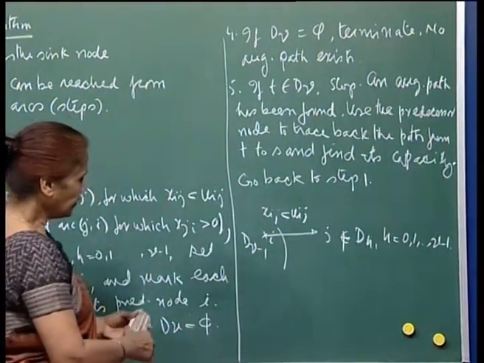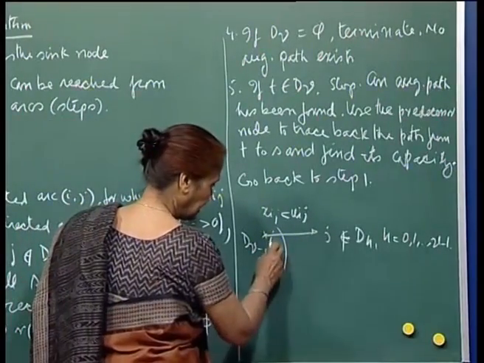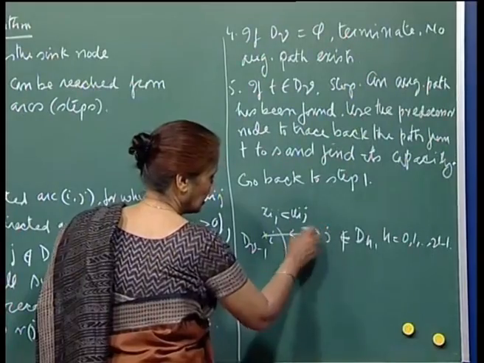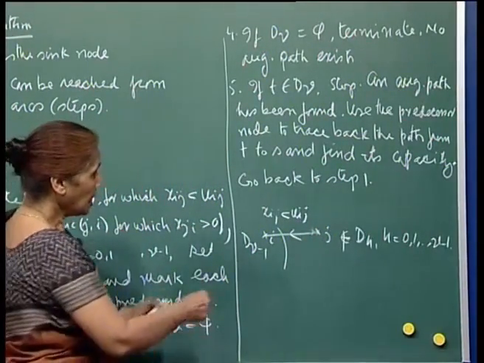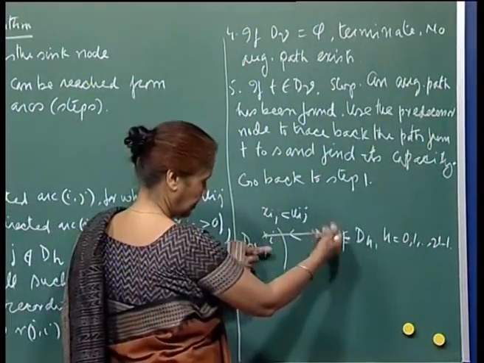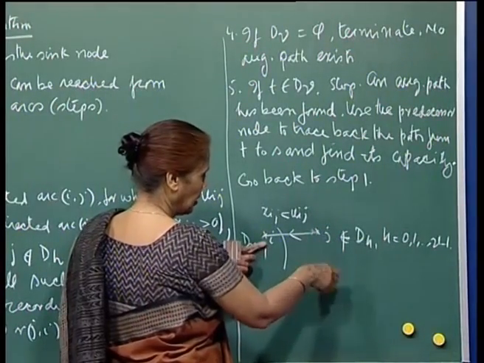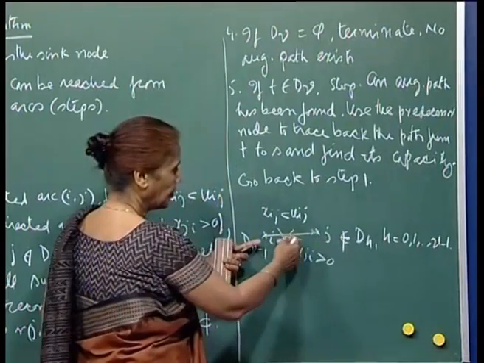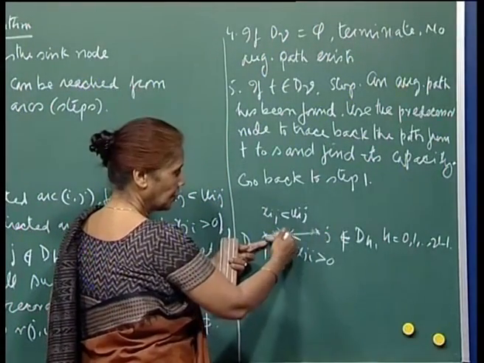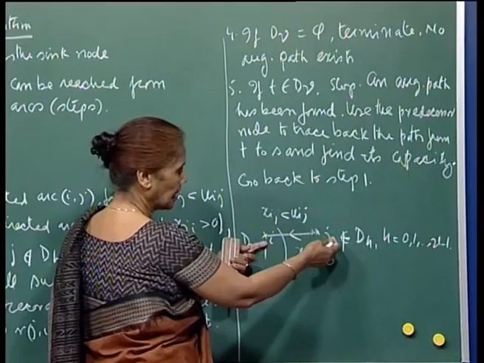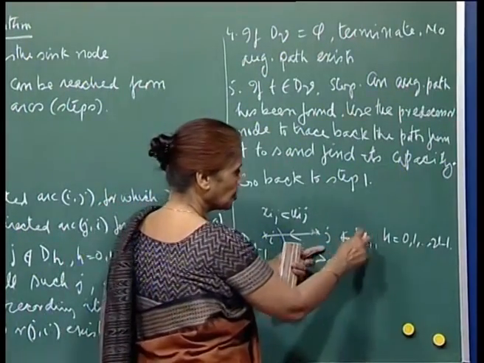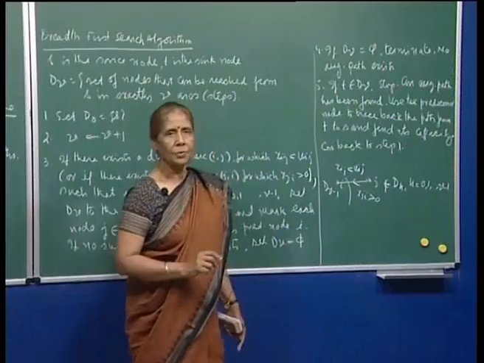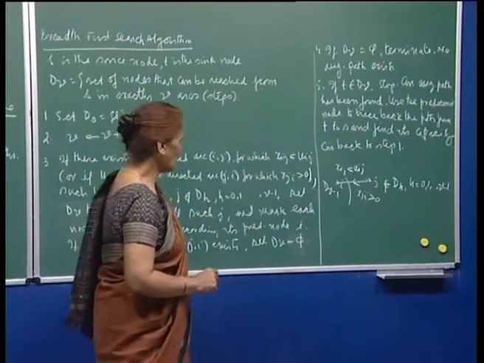And if the arc is going the other way, from j to i, then again the whole idea is I can label j provided x j i is greater than 0. If this flow is positive, then going from i to j, I can reduce the flow on arc j i, and here again j should not be in one of these sets D h, h varying from 0 to nu minus 1. This is the whole idea.